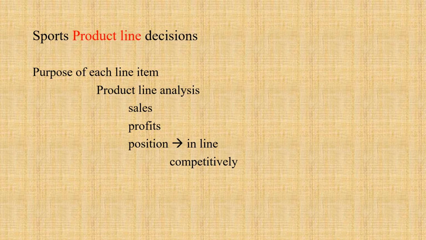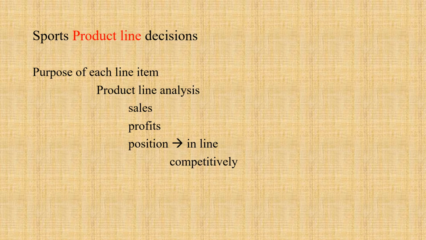The second thing you want to look at is the profits. So some products in your product line have bigger profit margins, and therefore they are ones that you would prefer that people bought. The third thing that you have to do when you do a product line analysis is look at the position that those products hold in the line.